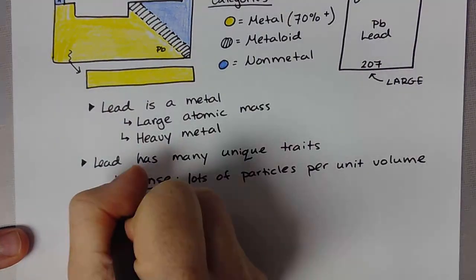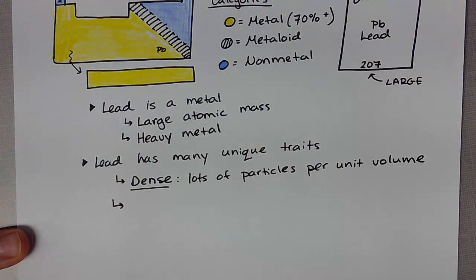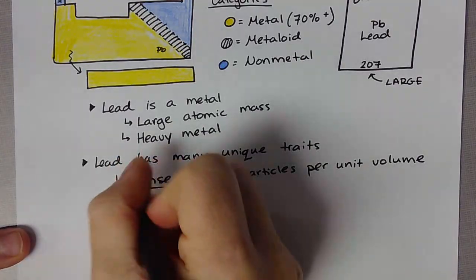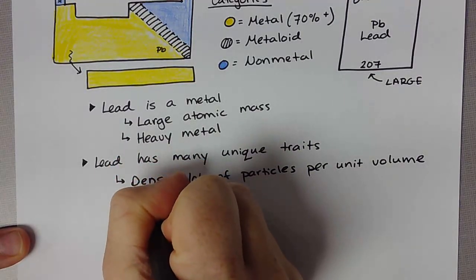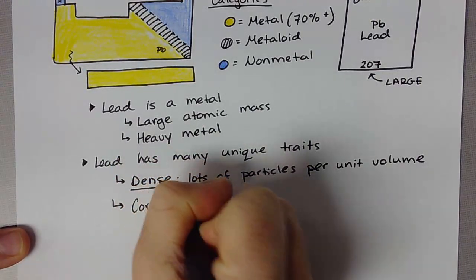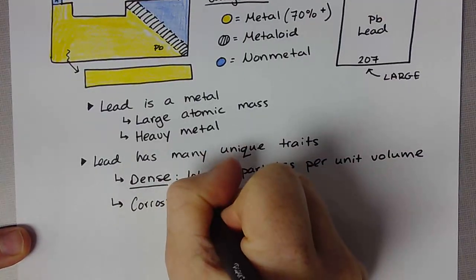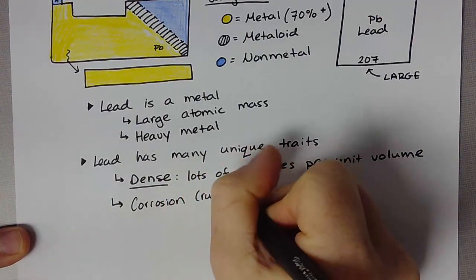Now, the properties that made it very popular historically, lead is also very corrosion, corrosion being a word similar to rust, resistant.